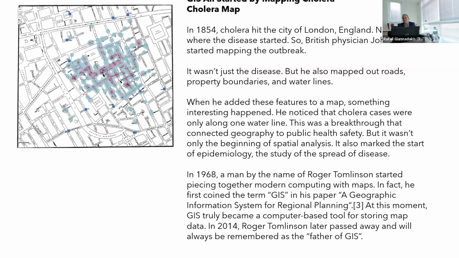So you make a simple conclusion that something happens with the water. It's very interesting, you can find a lot of studies, but this is the starting point for GIS maps. Okay.